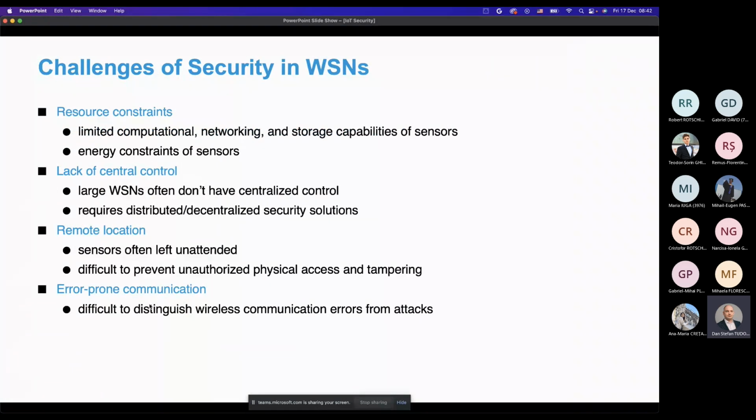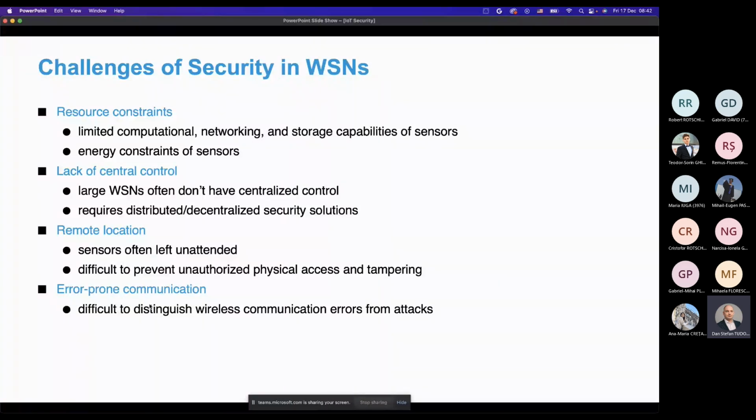Now, challenges of security in wireless sensor networks. Well, security has been a challenge in computing systems for decades, I think even since its inception, but even more so for wireless sensor networks and IoT solutions, where we have very stringent security challenges. Some of them are given by resource constraints, because often you cannot employ traditional security mechanisms in these solutions.